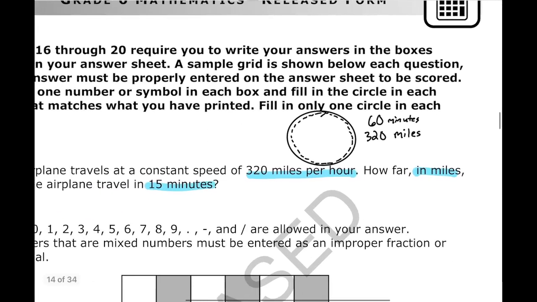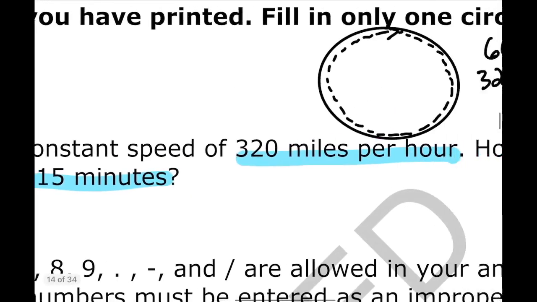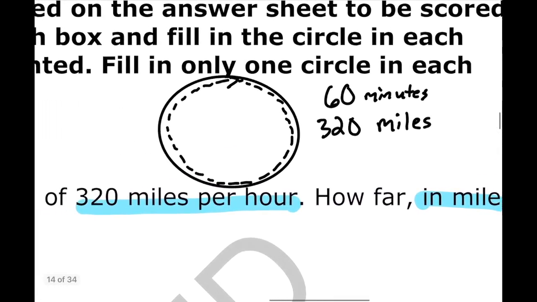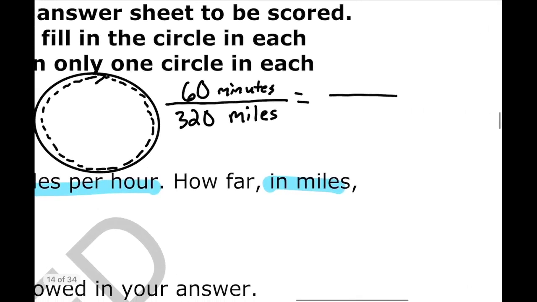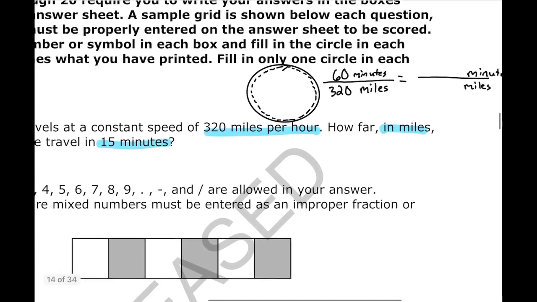Now, if we want to know how far we travel in 15 minutes, we could generate an equivalent ratio where you say 60 minutes to 320 miles equals something minutes over something miles. So let's plug in what we know.